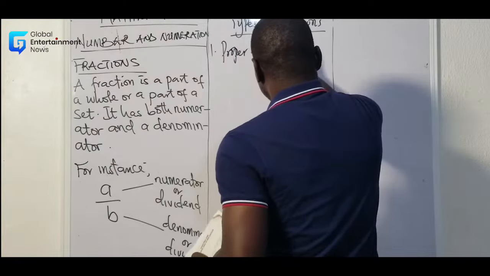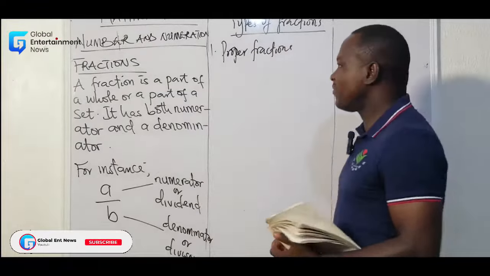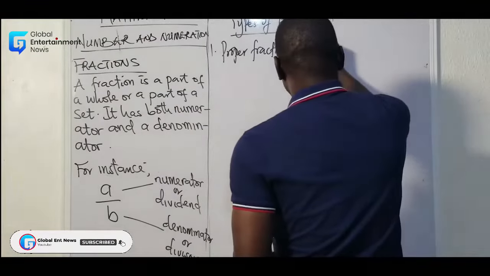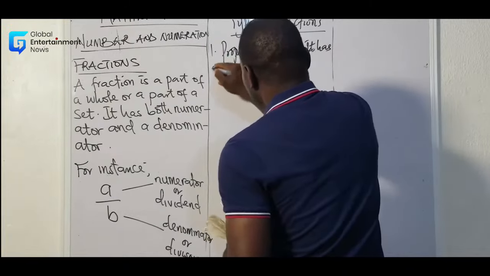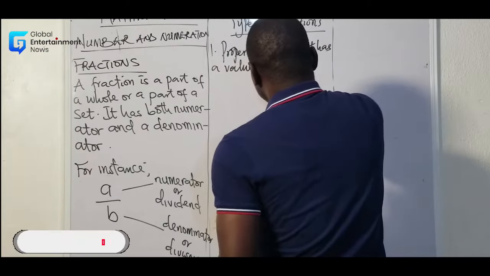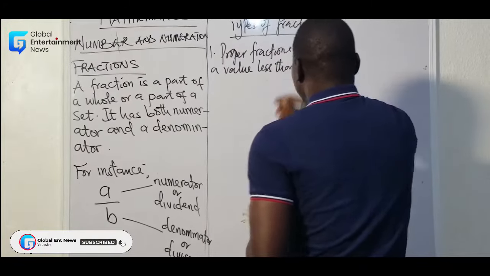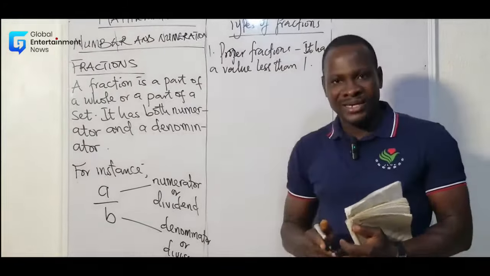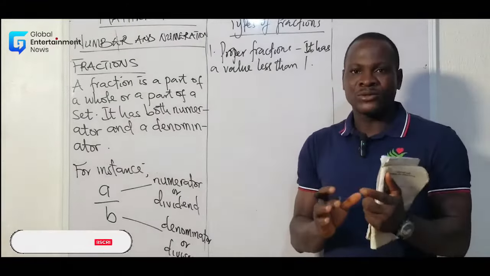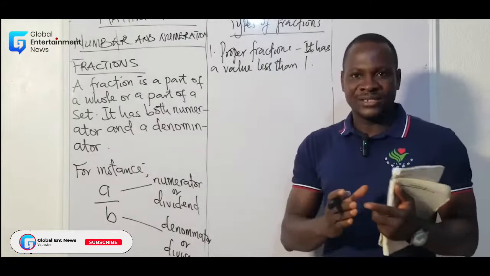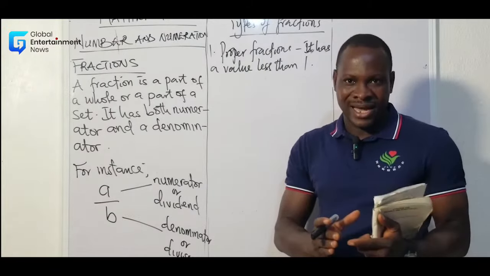A proper fraction has a value less than 1. Remember, it has a value less than 1. Though it's a fraction, once you divide it, the result will be less than 1.